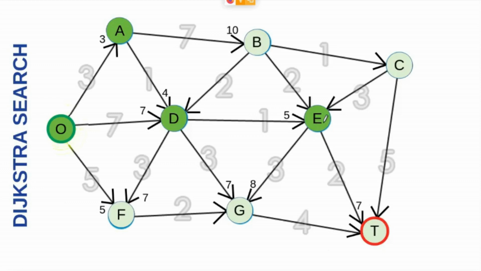Here is only an example, right? Well, I have decided about E, and then here I have the neighbors of E that are G with a total weight of 8, and here with a total weight of 7, right?